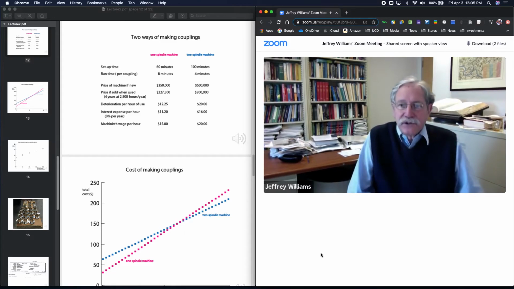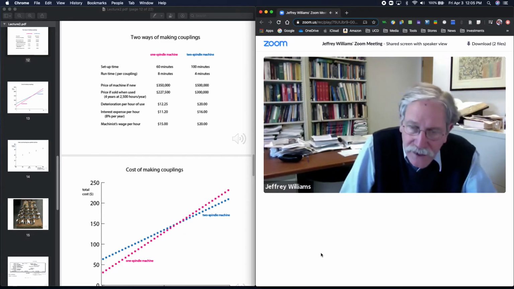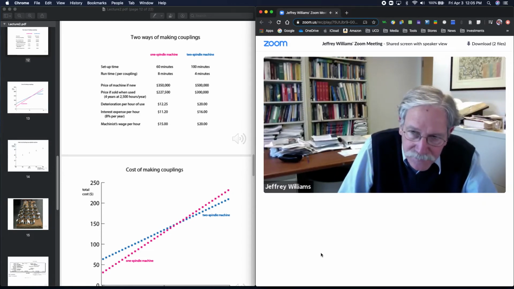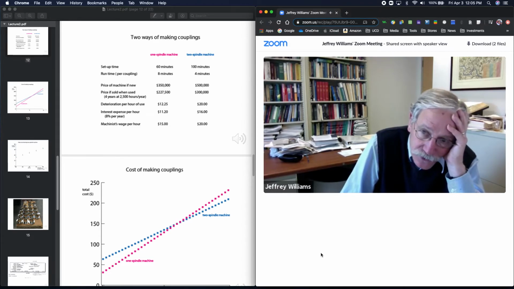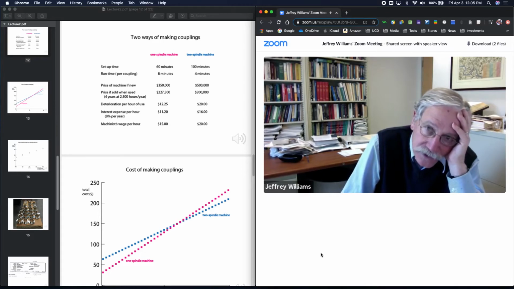Likewise, the deterioration has to be considered. If a machine has just been bought and it is sitting in a machine shop and never used, it was not a very good investment. But there's a little more subtle idea comparable to the machinist here. The machine shop owner presumably can find other things to do with either a one spindle machine or a two spindle machine.